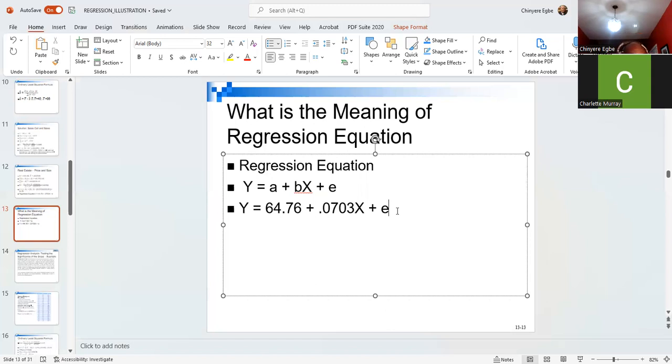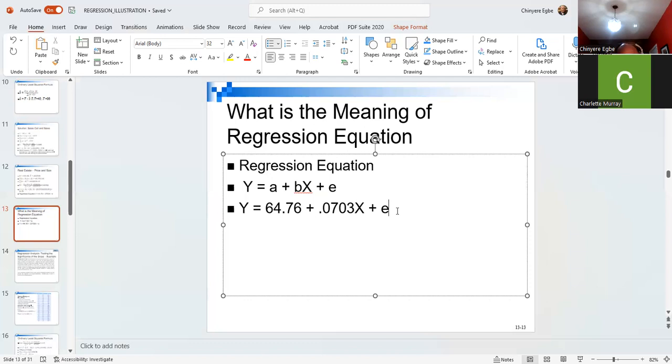And so what this equation is telling you is that if you come to a location, the basic price of land is about 64,000. And for every square foot of housing, if you build a house, the price of the house would increase by $70.